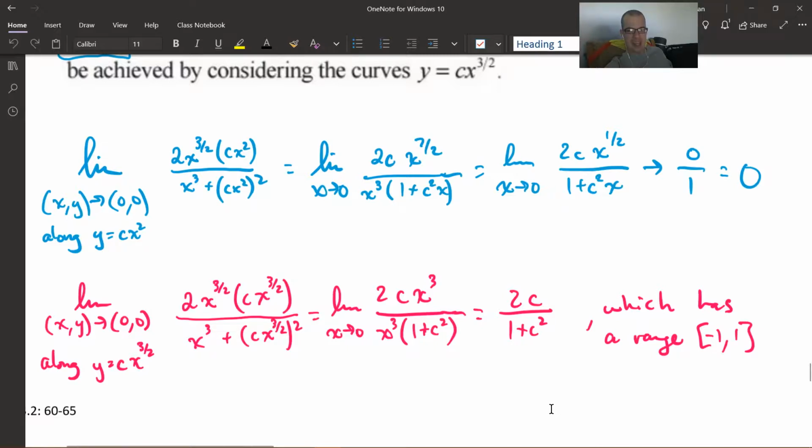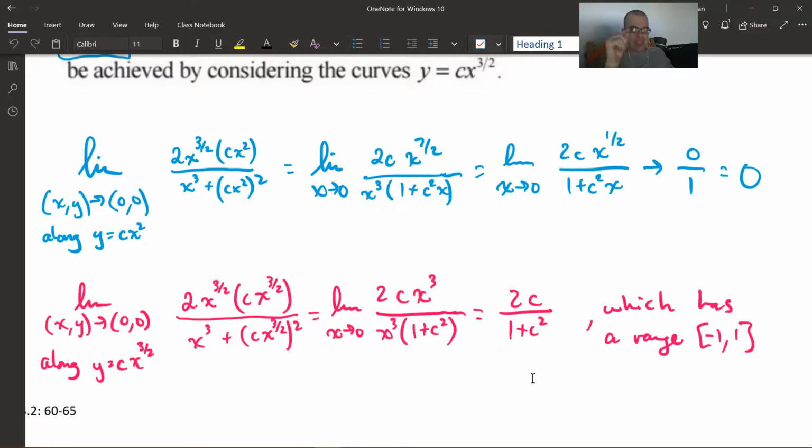So if we put in c equals -1, we would have a -2 on top, and we would have a +2 on bottom, which would give us an output of -1. And if we input 1 for c, we would have 2 on top and 2 on bottom, which would give us an output of 2/2, or 1 overall.